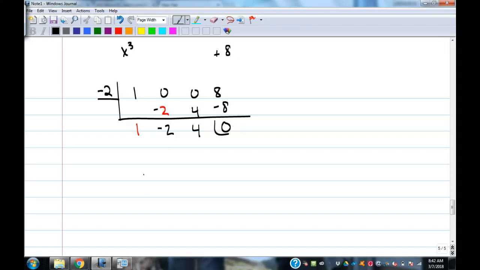And that's 0. So that means this is x squared minus 2x plus 4. That's using the skills we've learned in the last 3 sections. So that's one way to get it factored, or memorize the way sums and differences of cubes work.